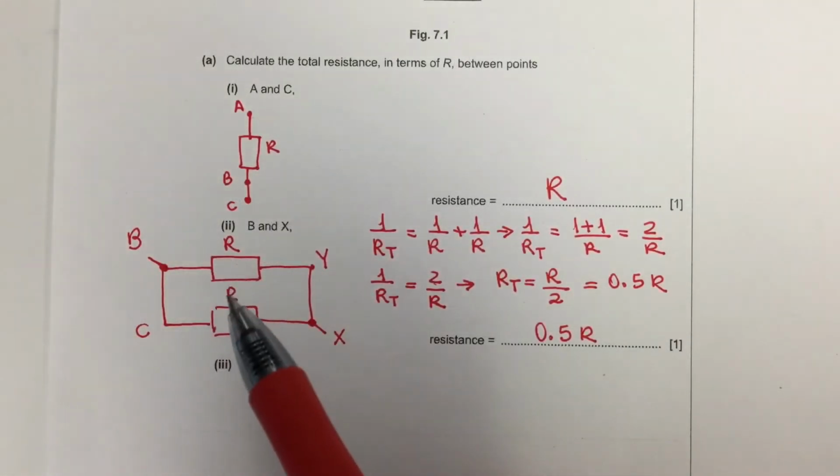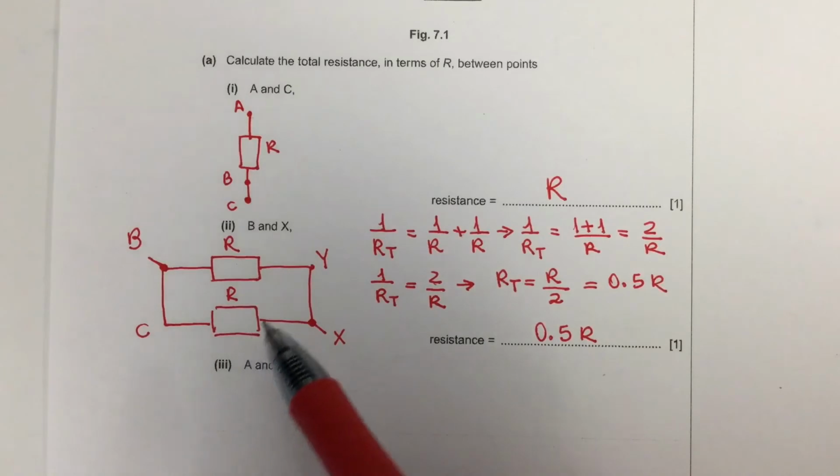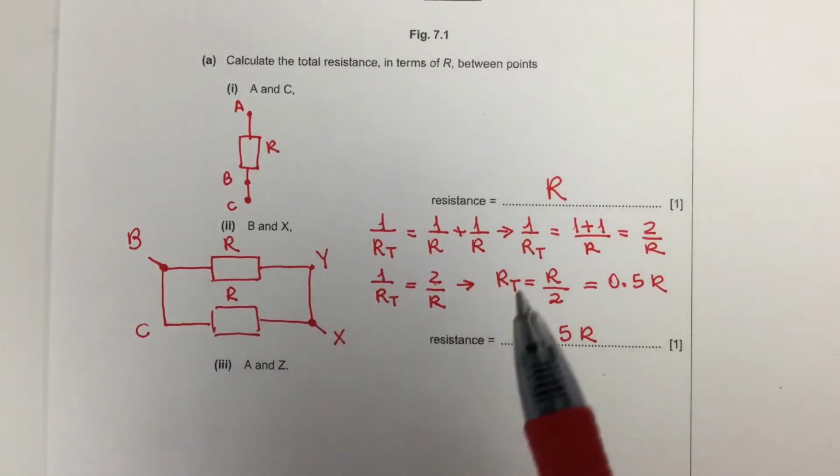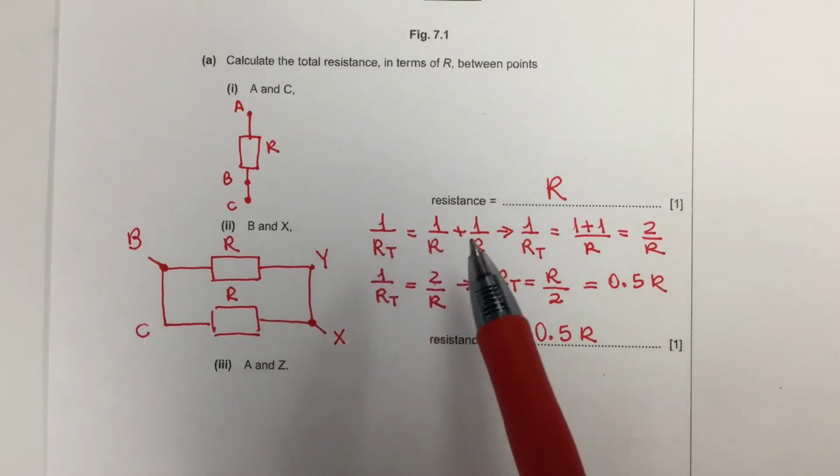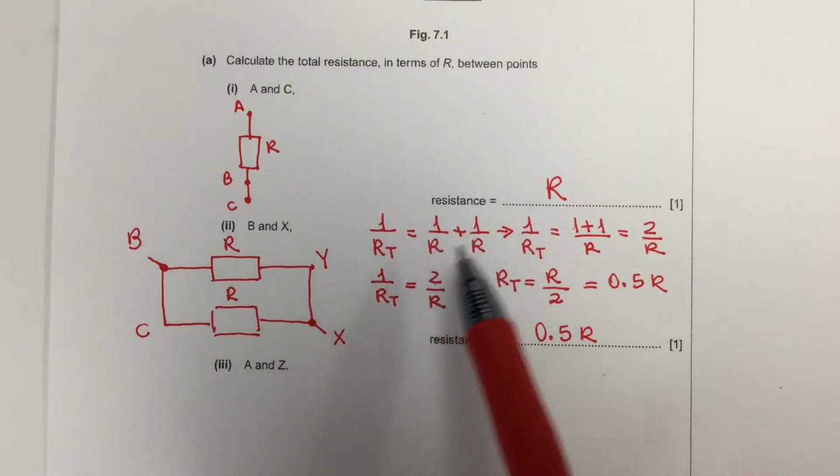For these two resistors in parallel, the inverse of the total resistance is equal to the sum of the inverse of the individual resistors.